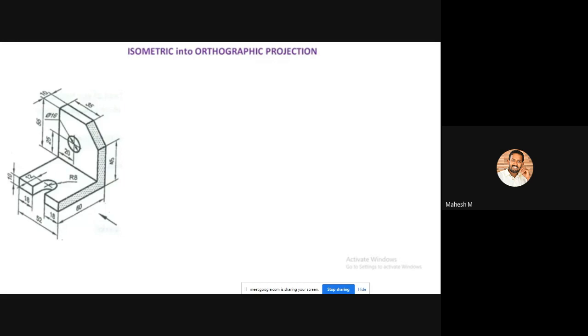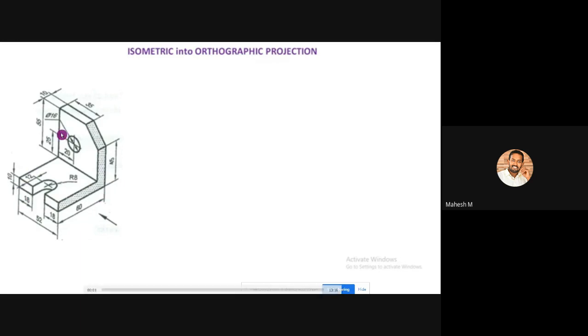There will not be any mention of which is the front view and which is the top view, so you have to check whether this arrow mark is available or not. Whatever view the arrow mark pinpoints is our front view. So this shaded portion is our front view.